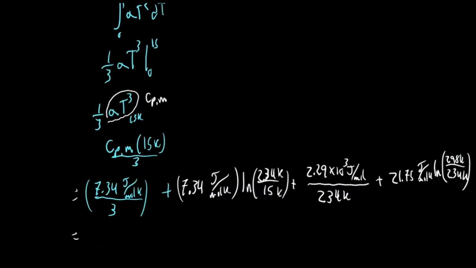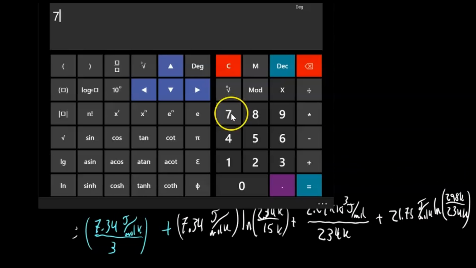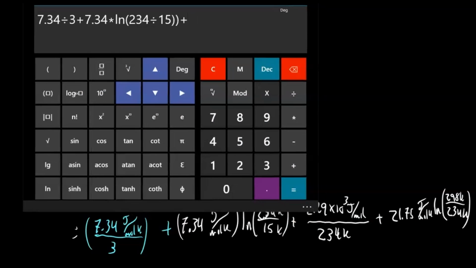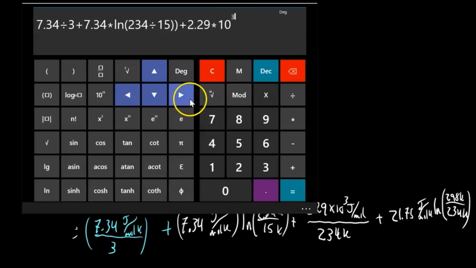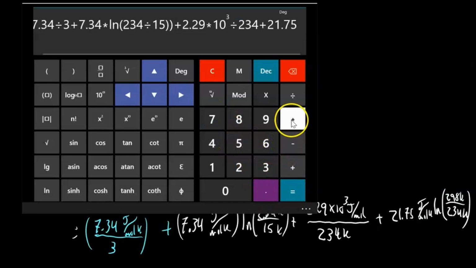All right, so if you plug that into your calculator: 7.34 divided by 3 plus 7.34 times ln of 234 divided by 15, close brackets, plus 2.29 times 10 to the power of 3 divided by 234 plus 21.75 times ln 298 divided by 234, close bracket.